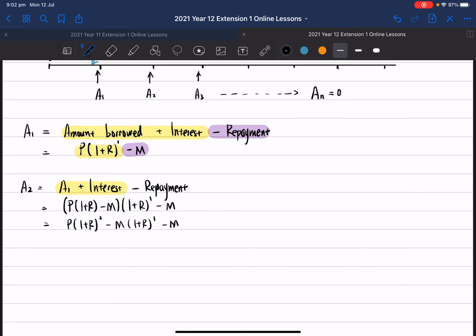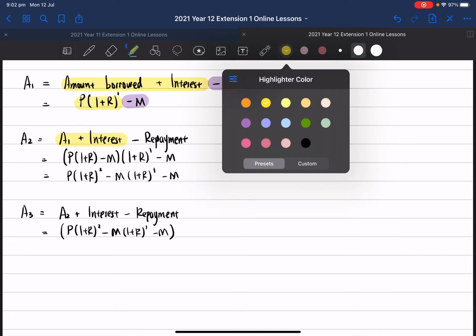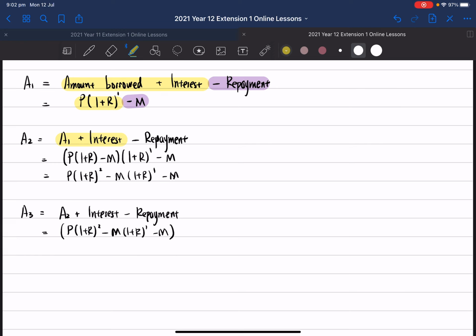So if you follow this pattern here, A3 is just going to be A2 plus the interest minus the fixed repayment. And in that case, it will be P bracket 1 plus R to the power of 2 minus M times 1 plus R to the power of 1 minus M. Now remember, this whole amount is the amount of money you still owe to the bank.